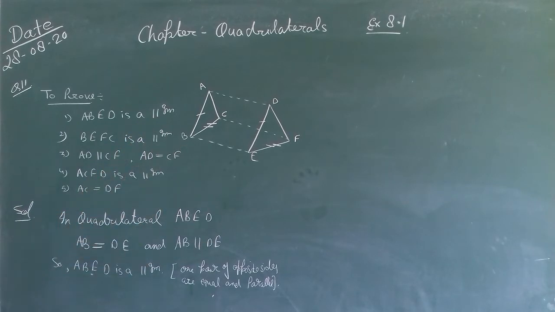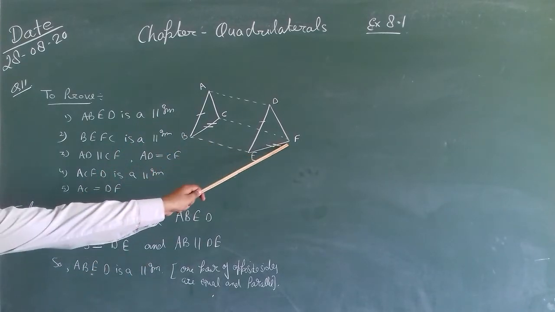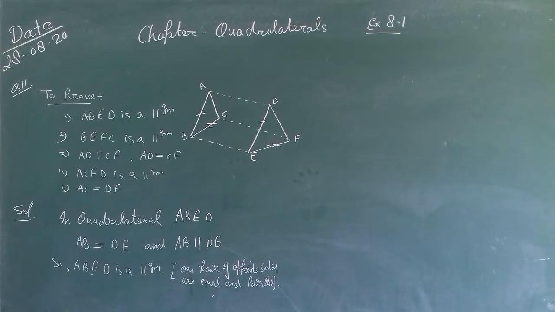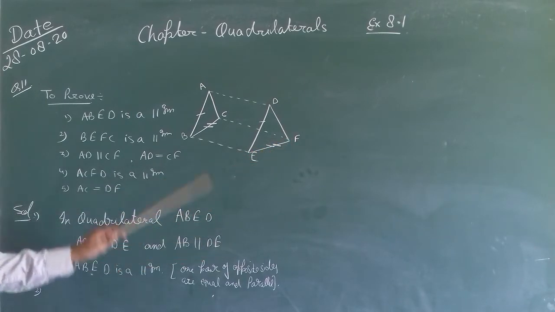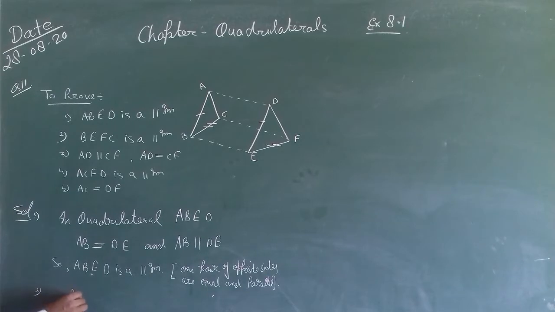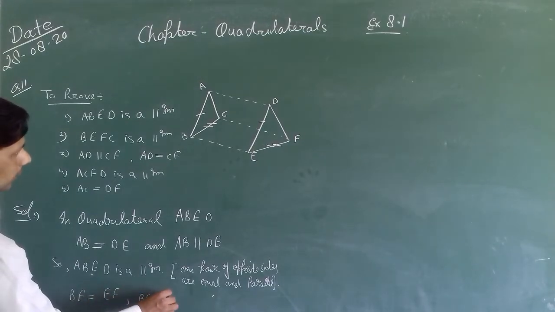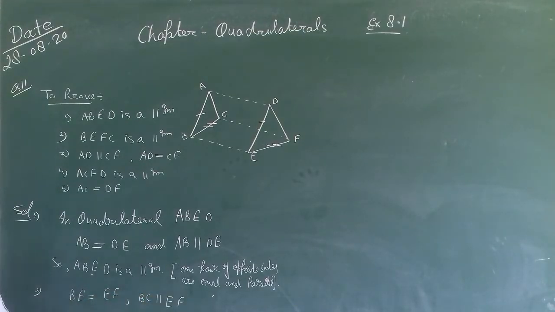BEFC is a parallelogram. Such conditions are there. BC is parallel to EF and also equal to. Right? So we can write BC is equal to EF and BC is parallel to EF. So opposite sides are parallel and equal to each other. That's why it is a parallelogram.